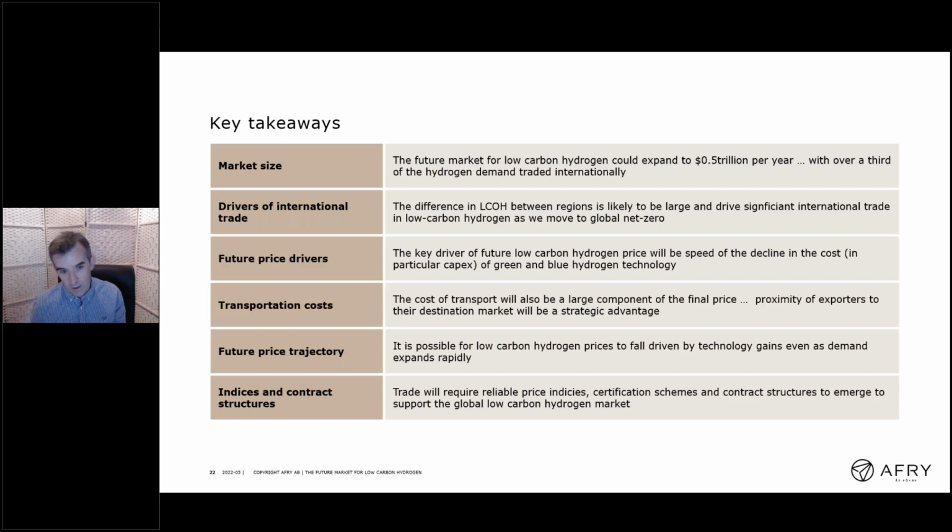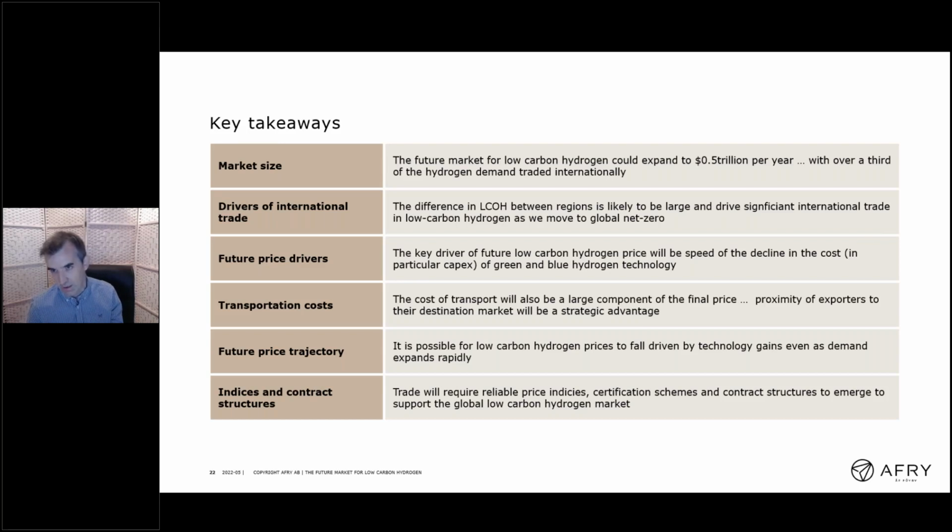The other interesting thing about the future trajectory of prices that we see is that prices fall over time, and that's largely driven by technology cost falls. We still see a price decline even though the low carbon hydrogen demand expands by a factor of 5 between 2030 and 2050.